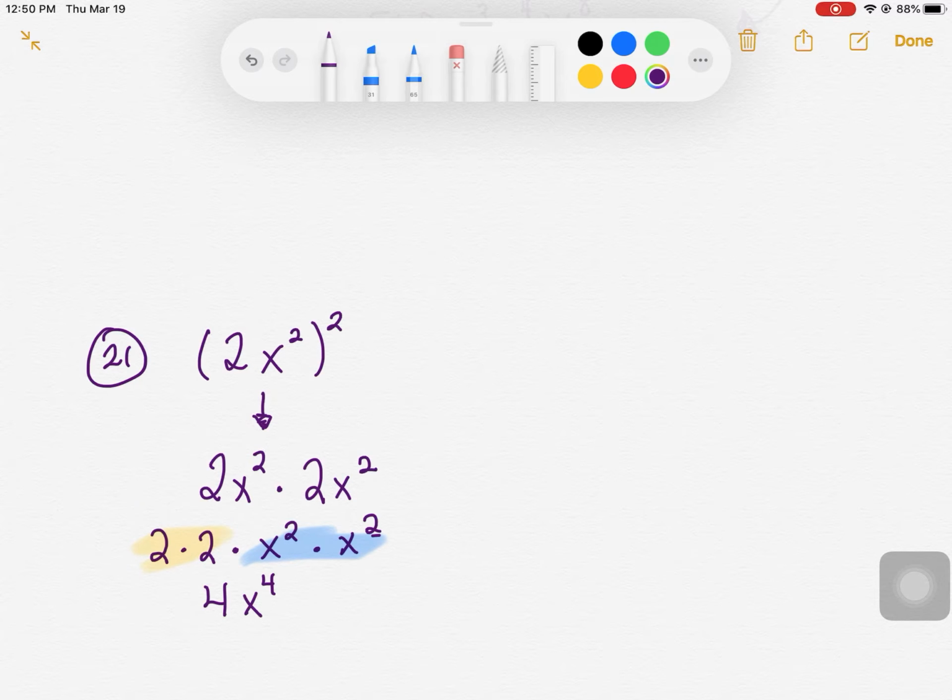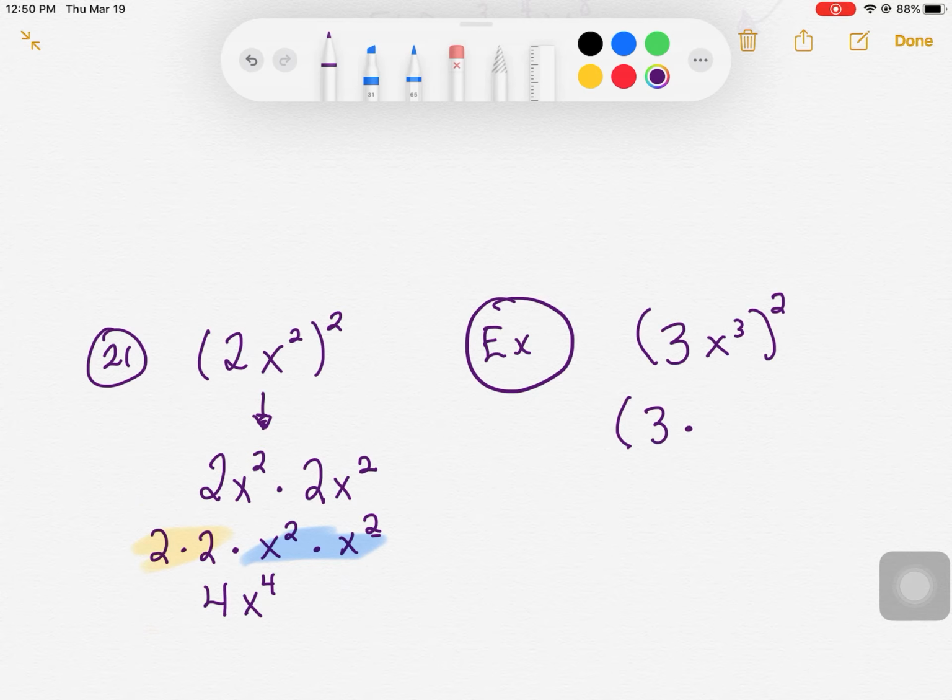The other way to approach this is a little bit more sophisticated, and this would be like a separate example. So let's say it was 3x to the third, and you were squaring it. Essentially, inside the parentheses, you've got the 3 and you've got the x to the third, and you're squaring it.